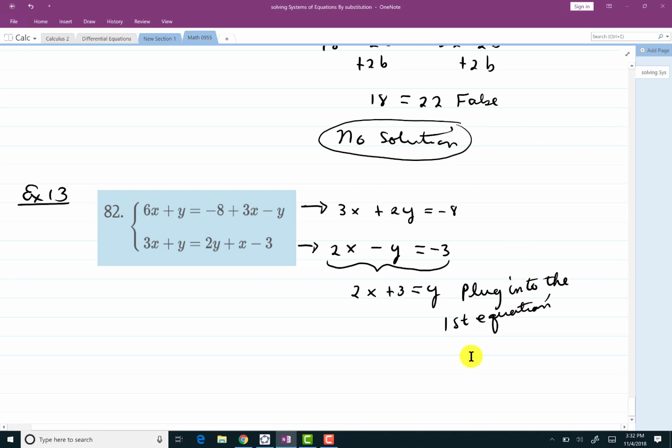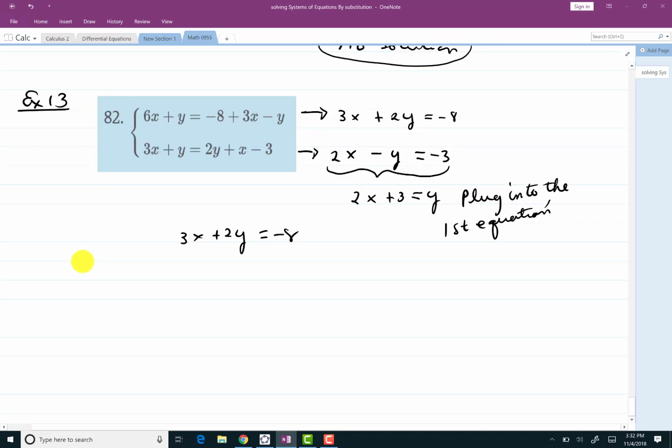And let's see what happens. My first equation is 3x plus 2y equals negative 8. I will go ahead and replace y with 2x plus 3.